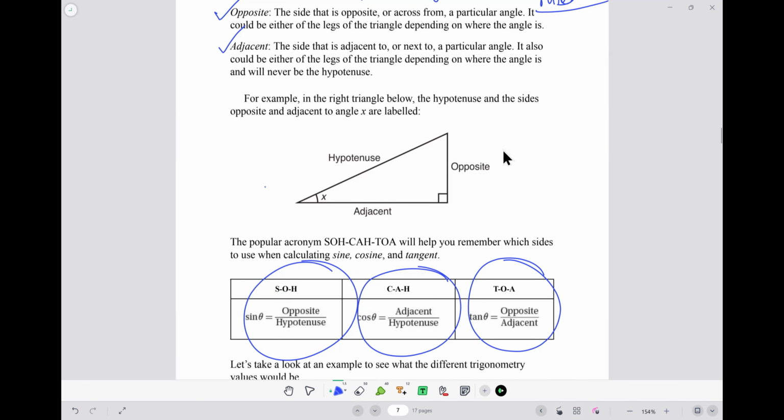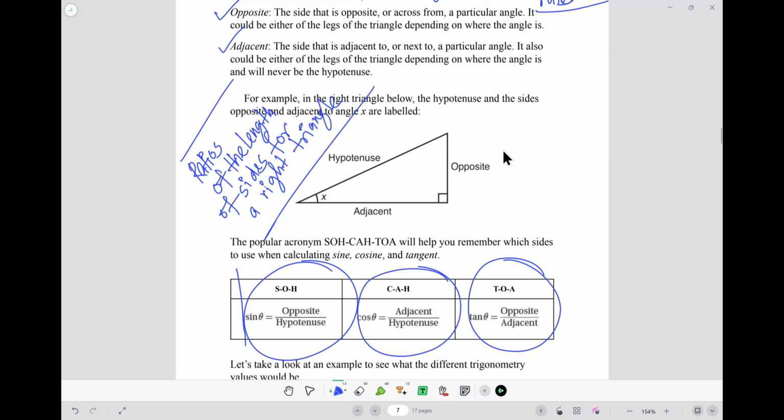Please remember that trigonometry basically talks about ratios of the lengths of sides of a right triangle. This is the basic definition for the working of trigonometry: ratios of the lengths of sides of a right triangle.